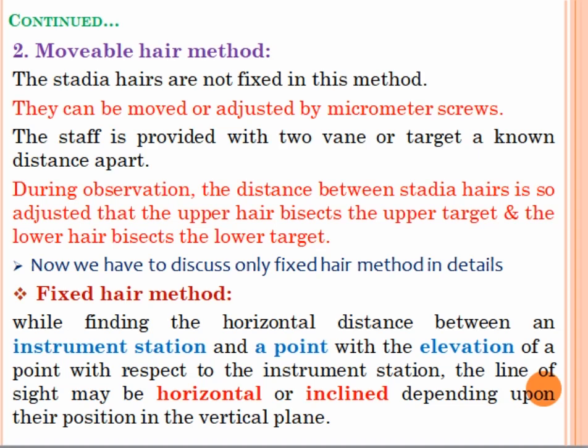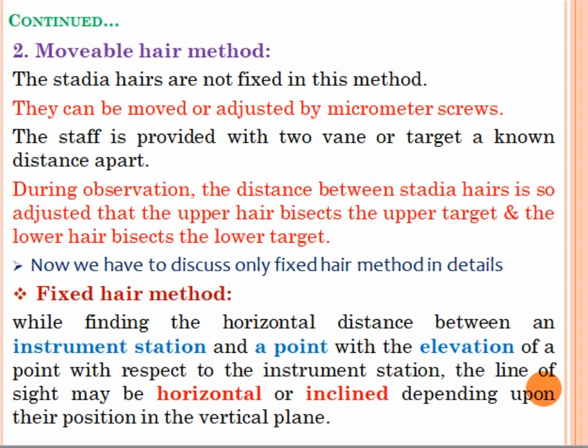While finding the horizontal distance between an instrument station and a point, and the elevation of a point with respect to the instrument station, the line of sight may be horizontal or inclined, depending on its position in the vertical plane. When you bisect your object, your staff is kept vertical and your line of sight is inclined.